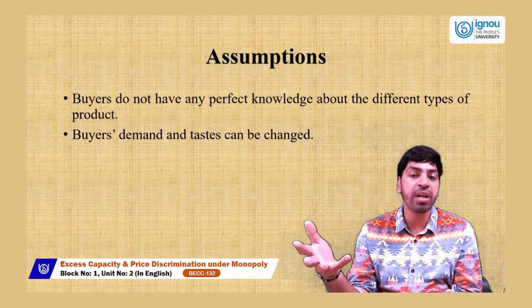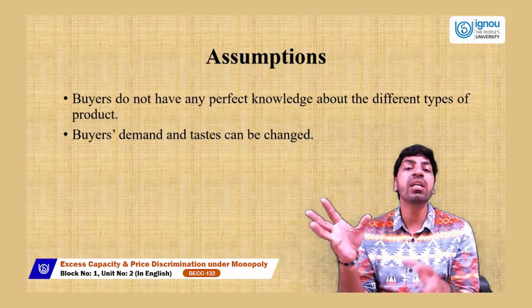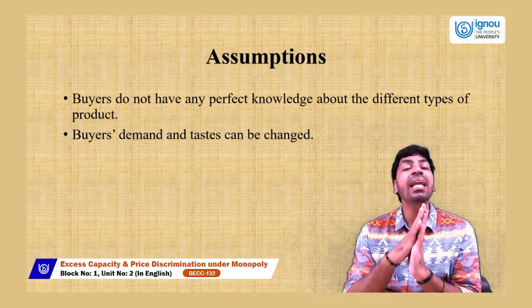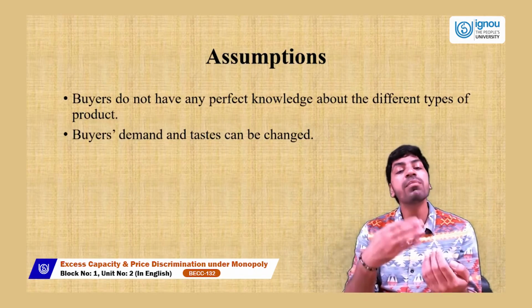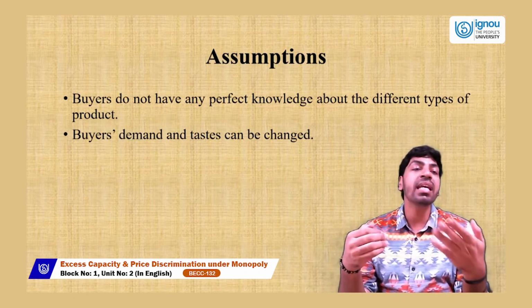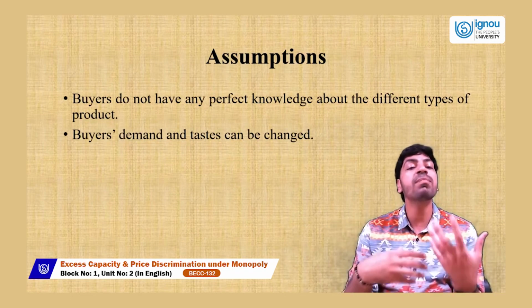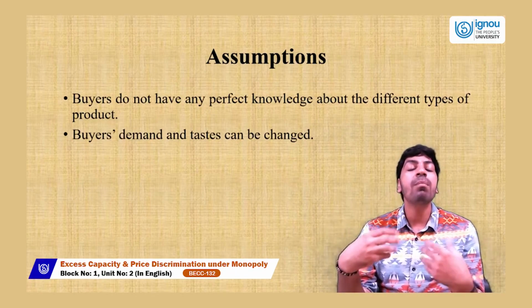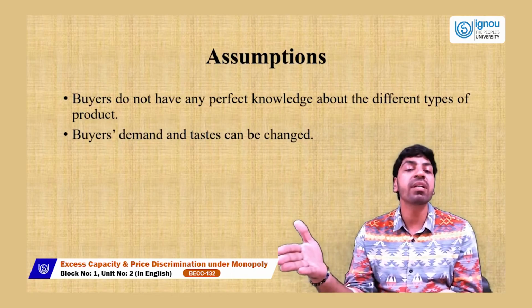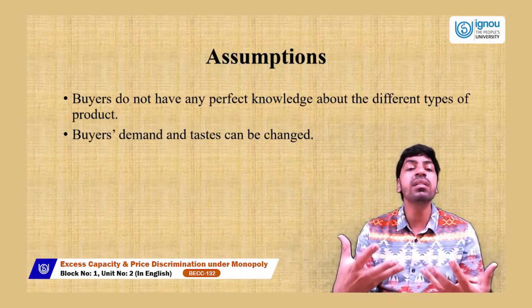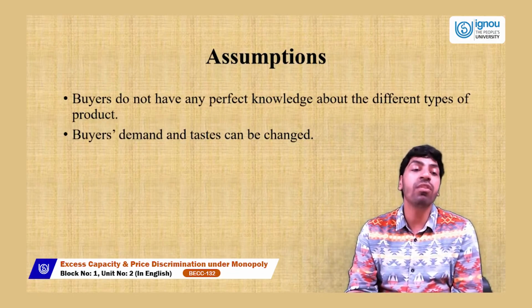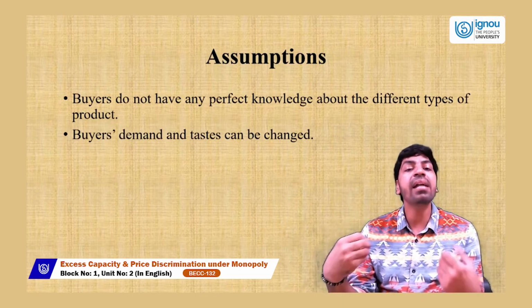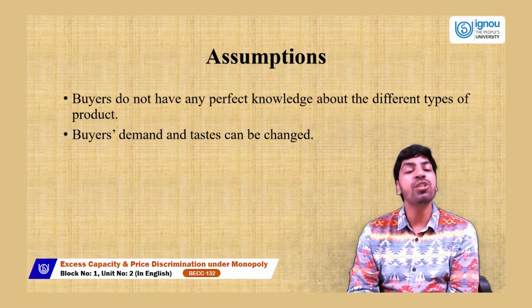Second, the buyer's demand and taste can be changed, because when it comes to demand, the taste and preferences of the buyer are always considered, and accordingly firms build their products according to customers' needs and preferences, so that their needs and expectations can be fulfilled. That is why it is one of the main assumptions that the buyer's demand and taste can be changed.